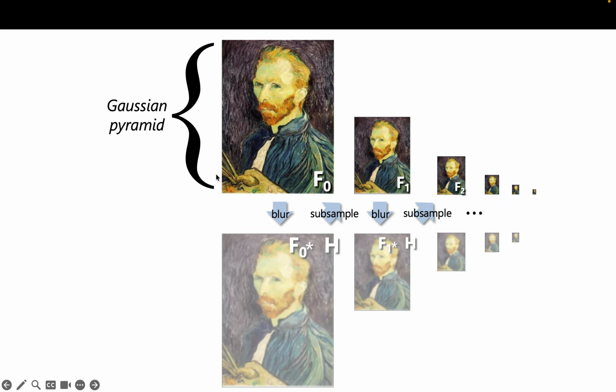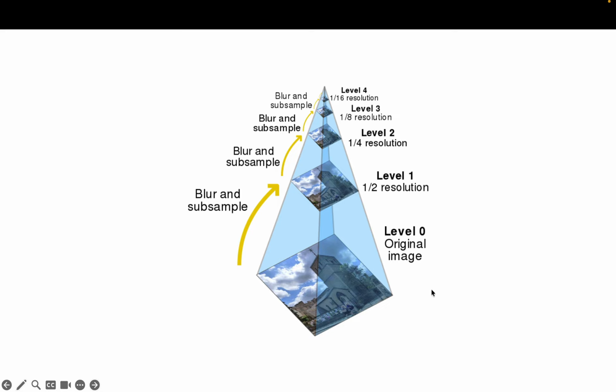And in this way, we will generate what we call the Gaussian pyramid. Level 0 is your original image. Level 1 is half the size of the original image. For each of these levels, we apply this blurring and then subsampling in order to get a better subsampled image.